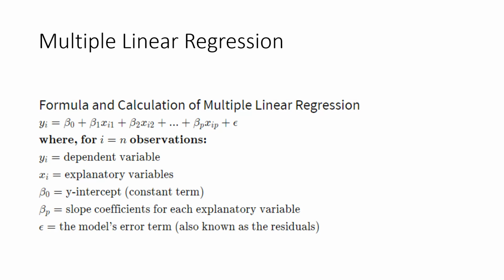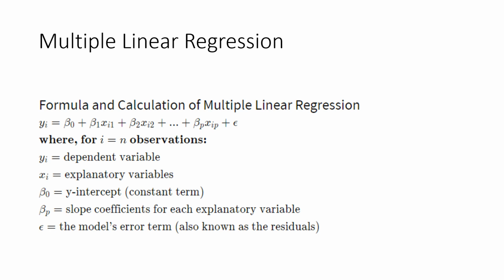So our y sub i is our dependent variable, x sub i are our explanatory variables or the independent variables. Beta sub 0 is our y-intercept or the constant term.